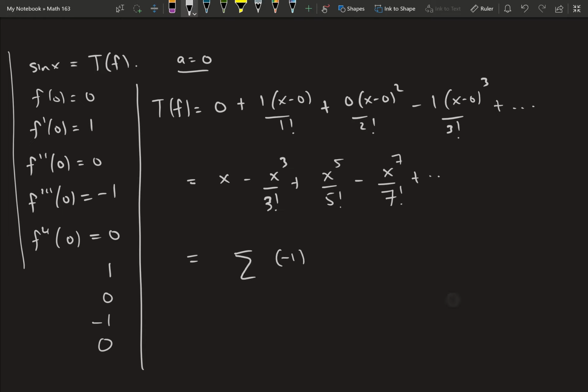So we can compactly write this in the following way. Negative 1 to the n, and let me first write the x power, x to the 2n plus 1 over 2n plus 1 factorial, because remember 2n plus 1 is always an odd number, and I want this to start at n equals 0. So this is the Taylor series of sine of x, and this is the part which we're not proving. We're not showing the whole remainder thing.